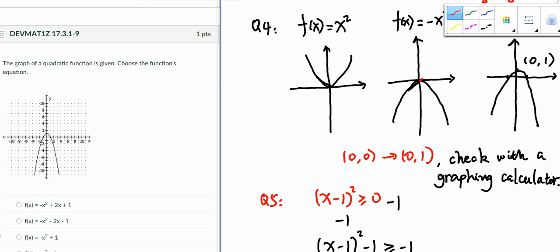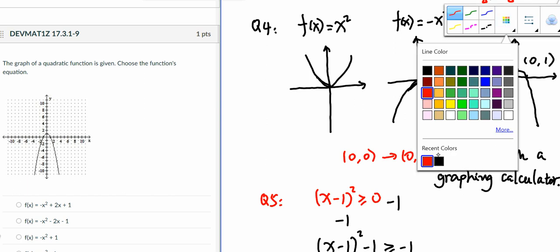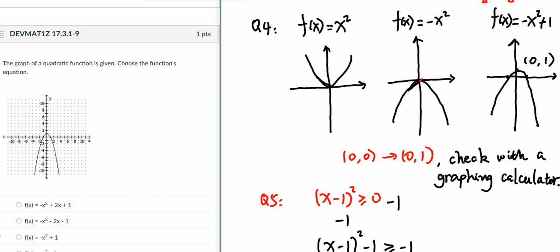So in this case, this point actually goes here. Again, you want to look at the vertex. It is shifted from the origin up to this height, 1 unit up. So really, again, when you see plus, it's vertical direction.